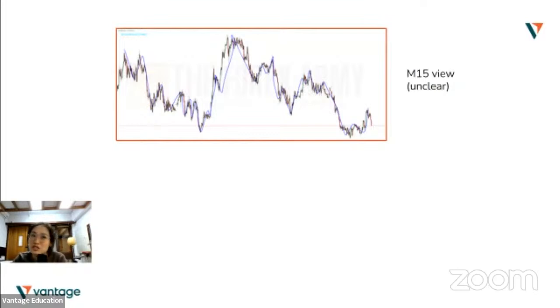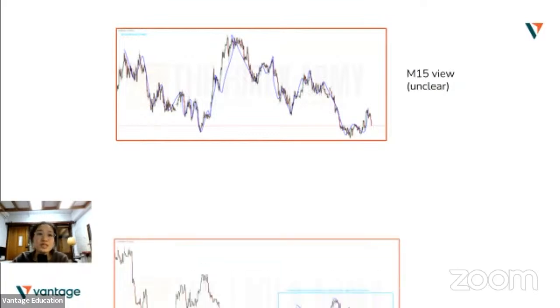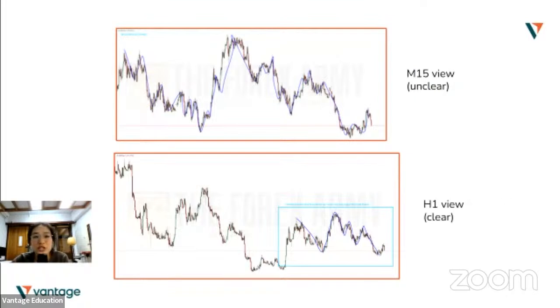So here's just a general chart with an unclear market structure. This is on an M15 view. Here we have a clearer market structure. You can see I have drawn out the shape of the market structure that you can look out for. And this is the same chart, but on an H1 view.